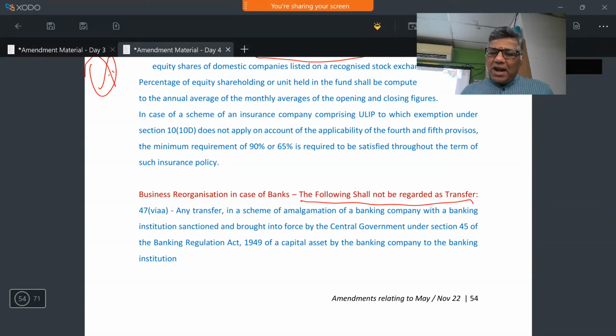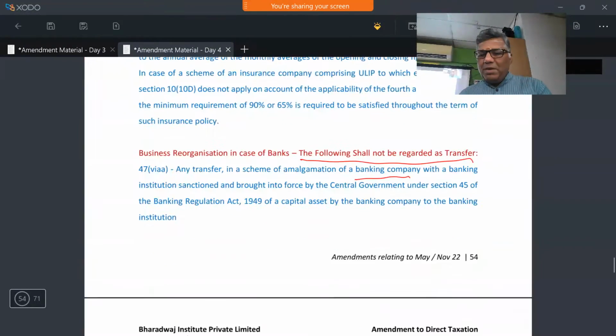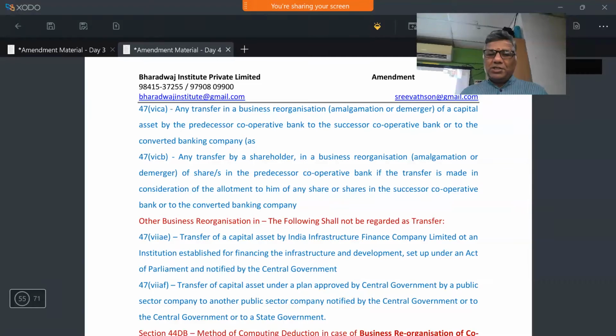Any transfer in a scheme of amalgamation by a banking company with a banking institution sanctioned by the, so I am merger of cooperative banks. Next point very clearly, any transfer, first one, two commercial banks, Punjab National Bank, etc. Any transfer of business organization of a capital asset by a predecessor cooperative bank to the successor cooperative bank.